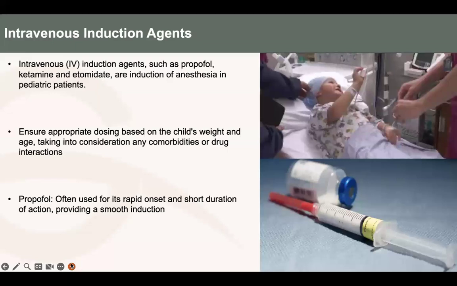If you become friendly with them, they will allow you to put in an IV line and induce with IV induction agents. So it depends on the presence of an IV line before they come to theater and the age of the child, the adolescents and bigger babies.